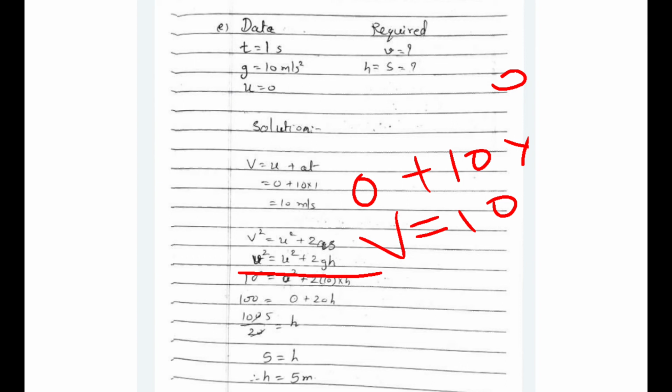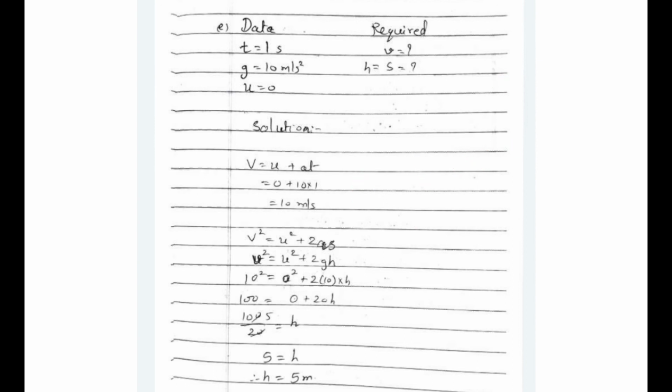Instead of as, now I will be having 2gh. Okay, so now let us substitute. Just now we got v as 10, so v square, that is 10 square, is equal to u square. What is u? u is 0, so 0 square plus 2 into 10 into h. So 2 into 10 into h, that is 20 into h.